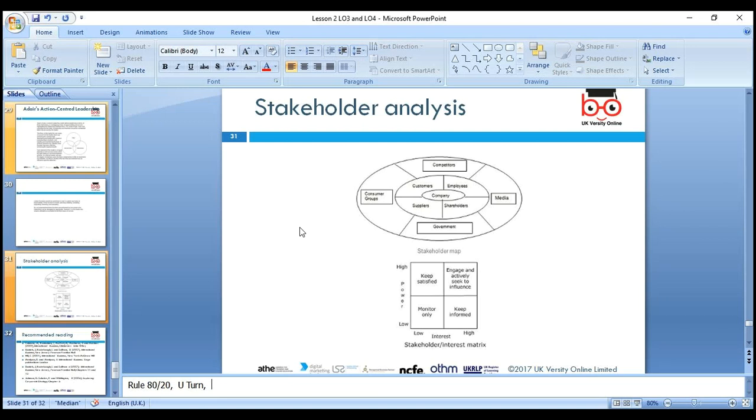We need to keep them on board, especially key stakeholders. Otherwise, look at how many ministers left these two political parties in the UK. So we are losing key personnel. We need to make sure we engage them effectively, listen to their views, to effectively implement the change in our organization.